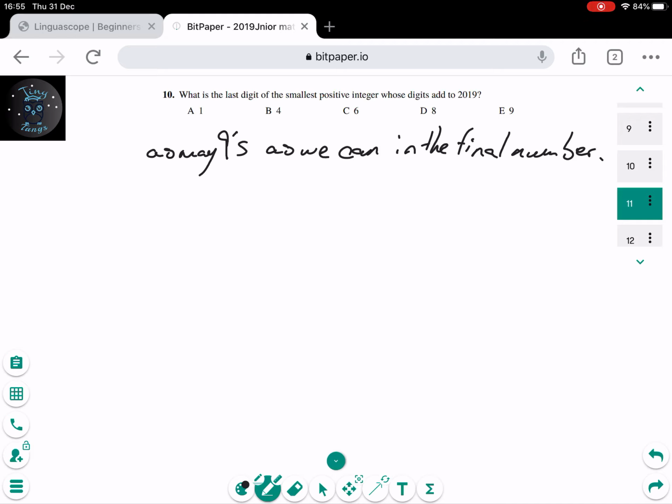So we do 2019 divided by 9, which is 2 hundred and something.